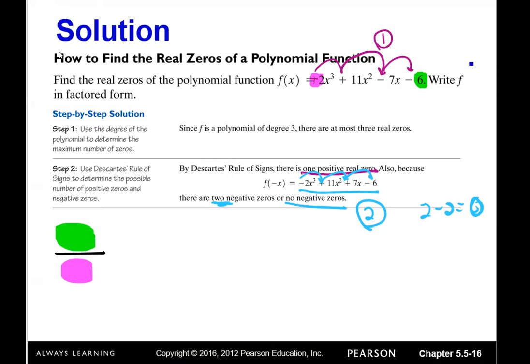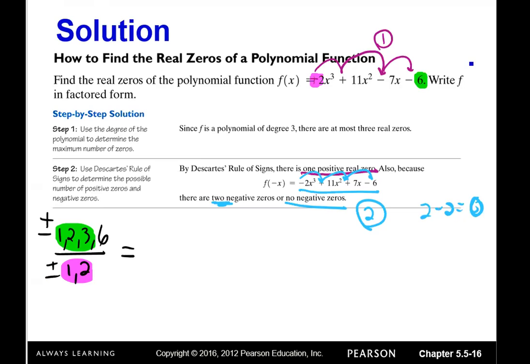So for green, which is 6, my factors are 1, 2, 3, or 6, and it can be positive or negative of any of those. And then the factors of 2 are 1 and 2, and again, it's any positive or negative of any of those.